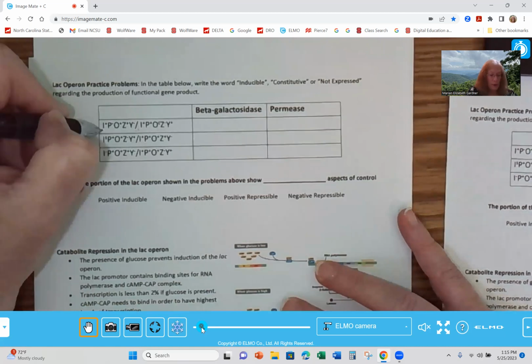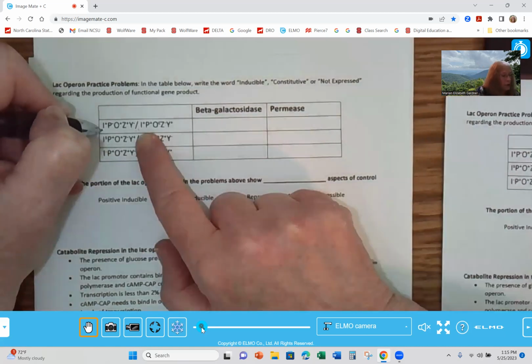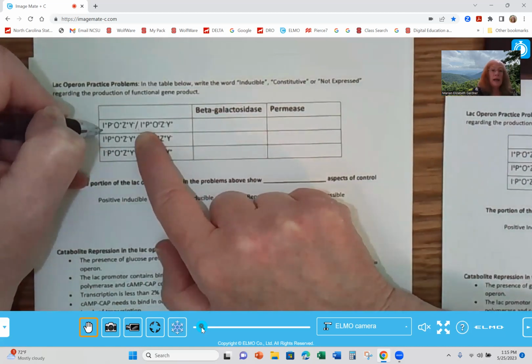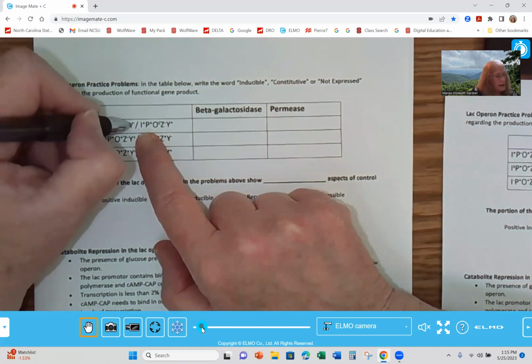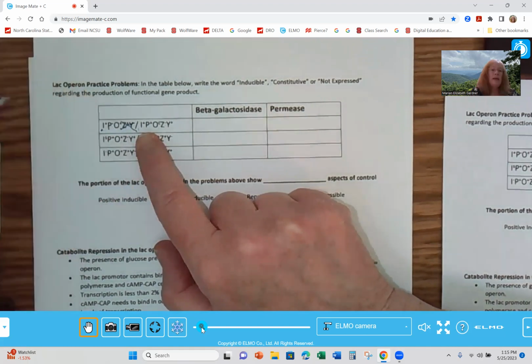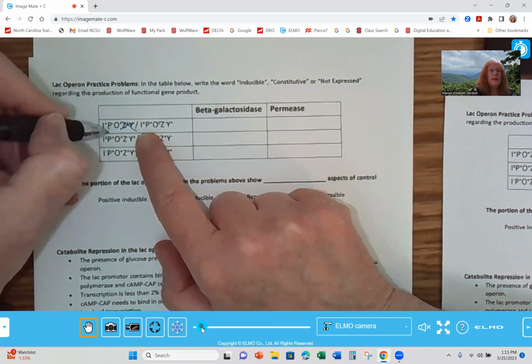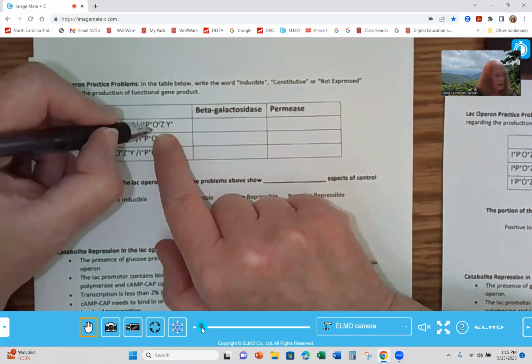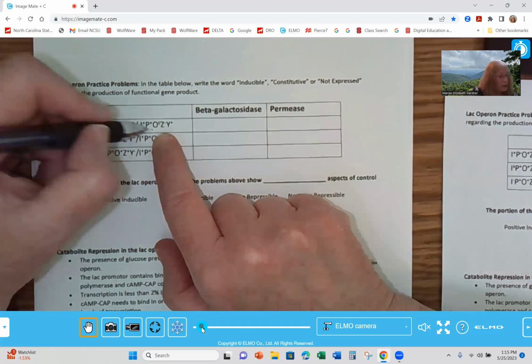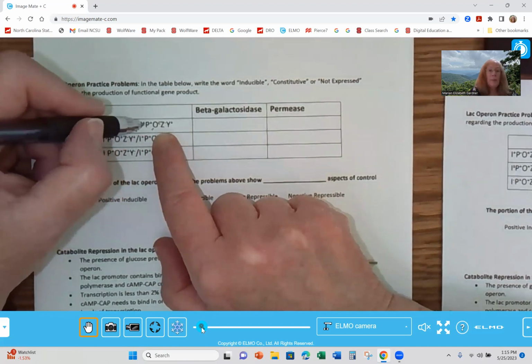Our first lac operon, we have normal repressors, I+ on both of these, so we have a good repressor on both. This first one has a bad promoter, and because of that, none of the gene products on that piece of DNA can be made because this bad promoter can't bind RNA polymerase. The second one has an O^C, and that O^C means it's a constitutive operator.